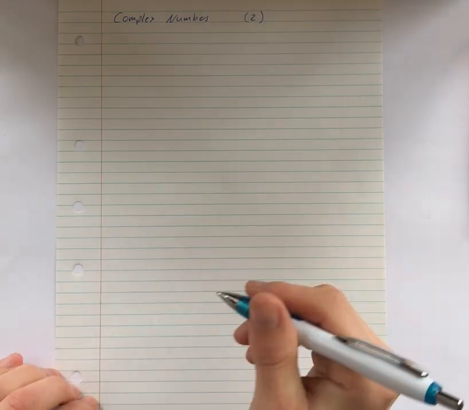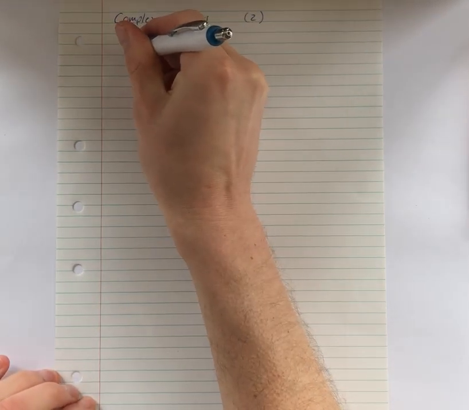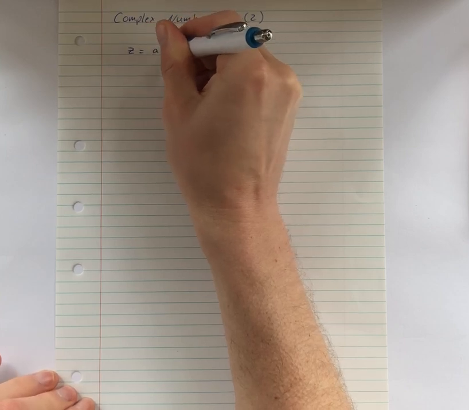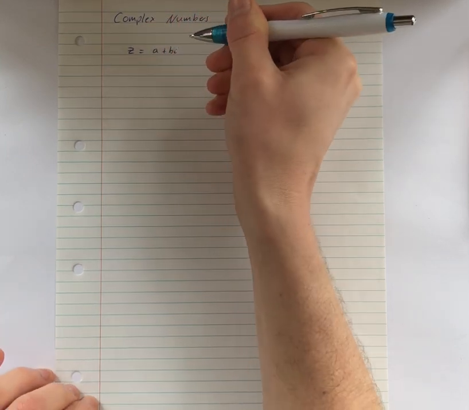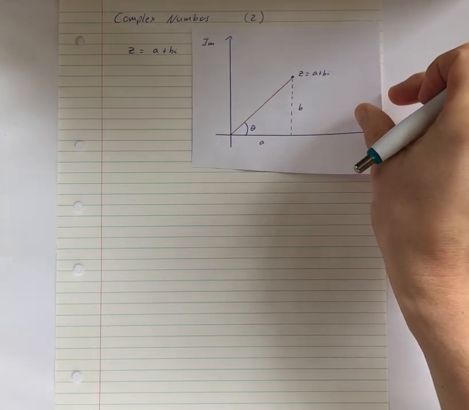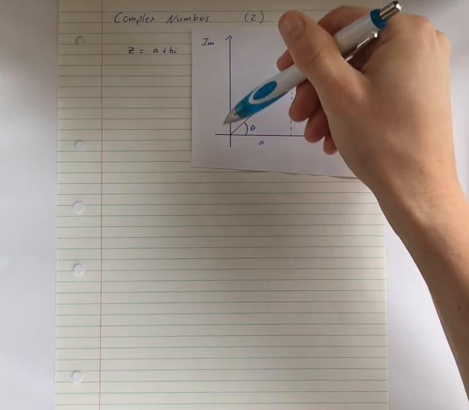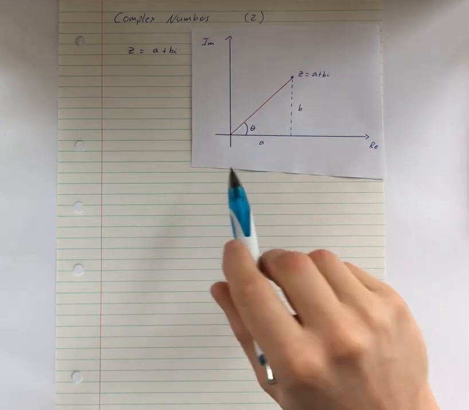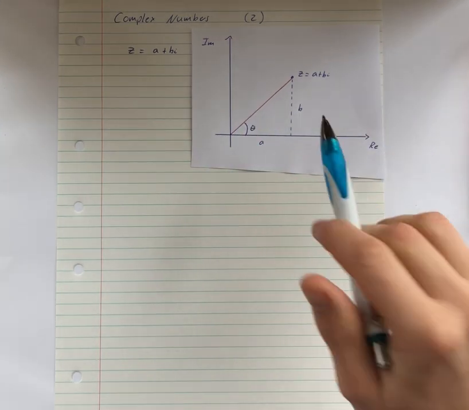From the previous video, we know that complex numbers, usually in the form of z, have a real part A and an imaginary part B. So A plus Bi. What that looks like is this. We've got the imaginary part and our real part, and it's just like the Cartesian plane.